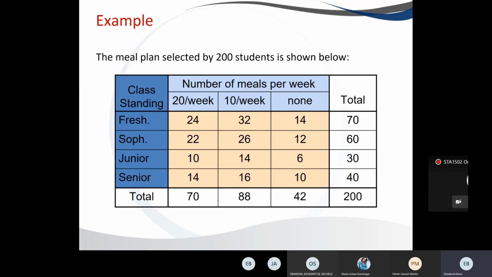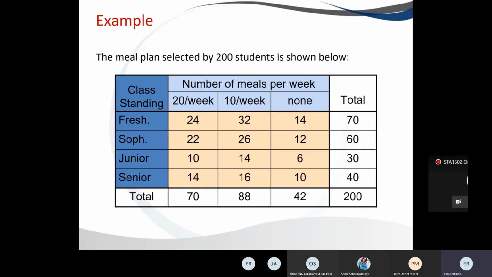And in the exam, you might find that the contingency table does not have the totals. Please calculate the total, which means for freshmen, you add 24 plus 32 plus 14, which will give you the total of 70. For 20 per week, 24 plus 22 plus 10 plus 14 will give you 70.